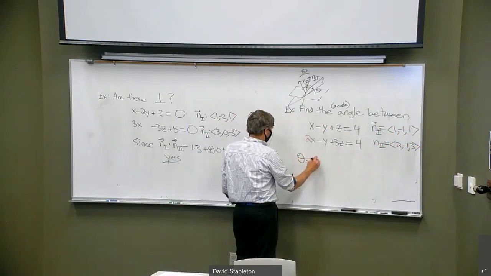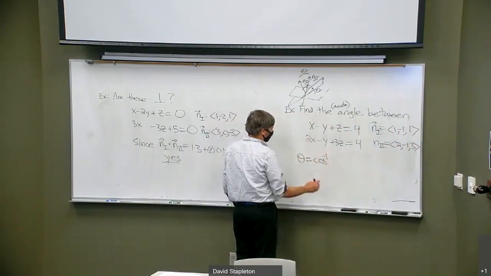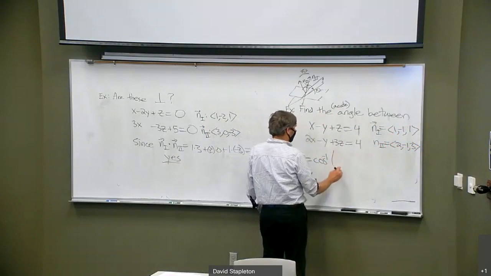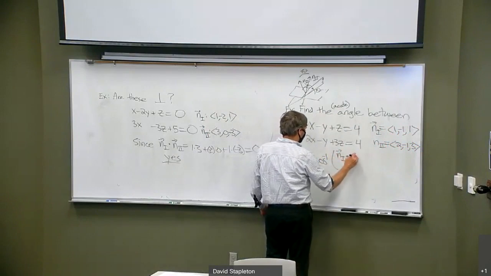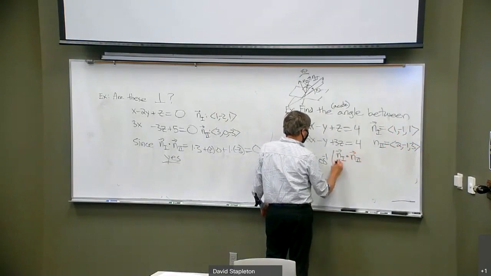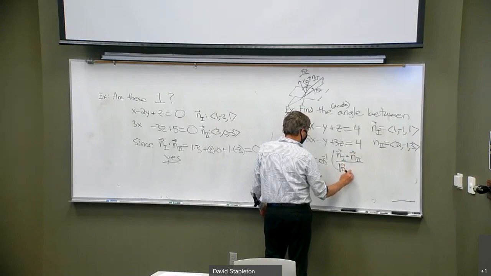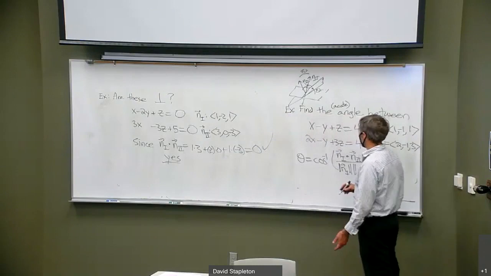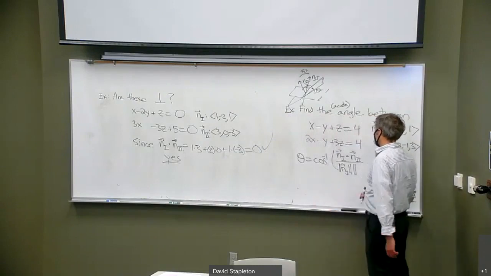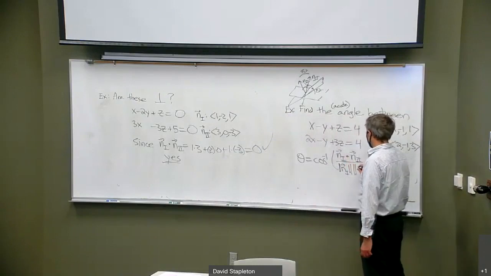Theta is always the arc cosine, as long as you don't have a zero vector here, of n1 dot n2 over the product of the lengths. It's because n1 dot n2 is the length of n1, times the length of n2, times the cosine of the angle between them. You solve that for theta, the angle, and you get this. This is the formula we wrote for the angle between two vectors.